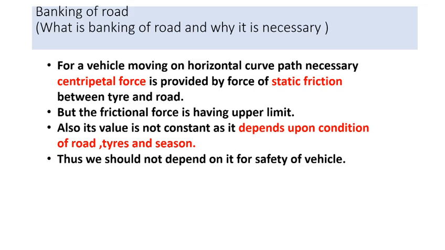But the frictional force has an upper limit, that is, a certain maximum value. Also, its value is not constant as it depends upon the condition of road, tires and season.